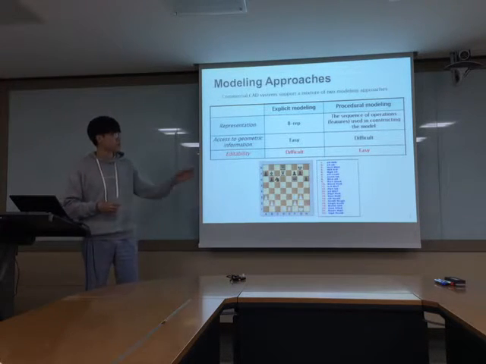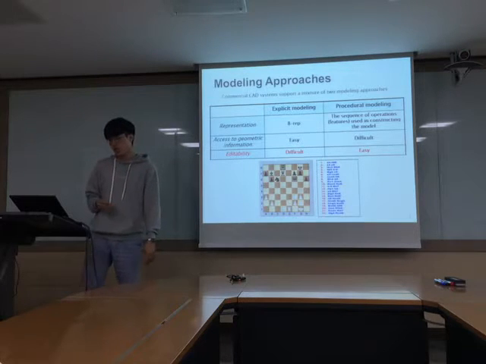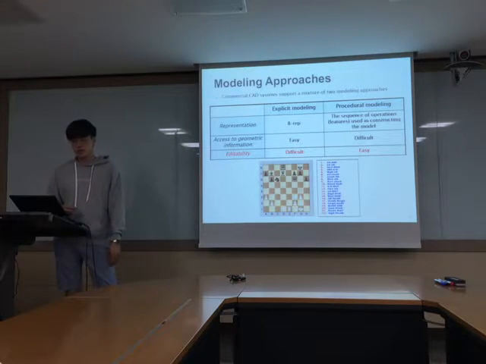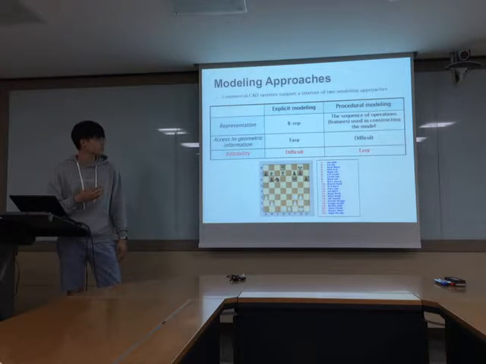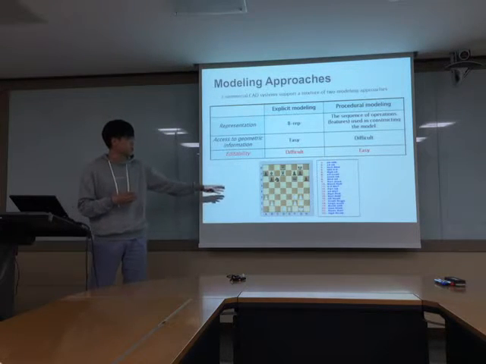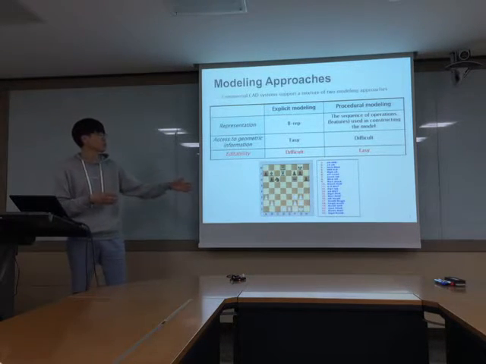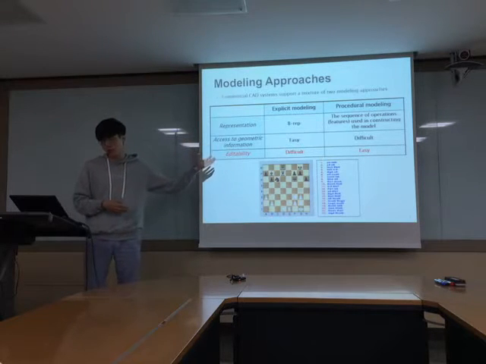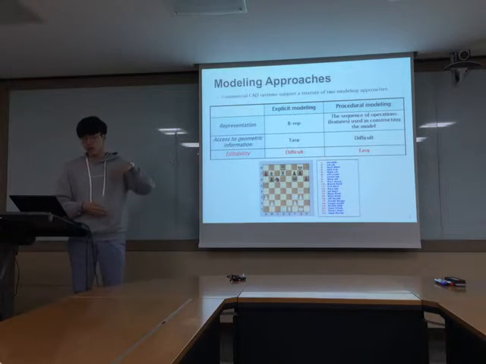If you have this kind of procedure, it is easy to understand how it goes. And in terms of a 3D model, if you have an explicit model, then it is very difficult to edit the model.